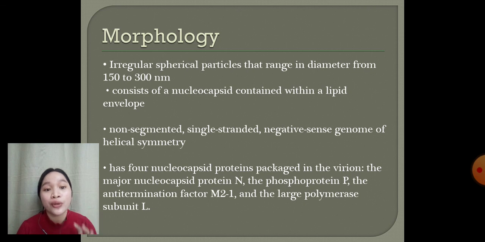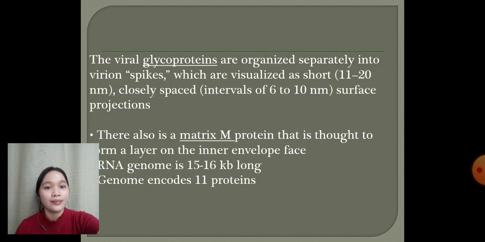The major proteins are the phosphoprotein, the anti-termination factor M2-1, and the large polymerase subunit L. The viral glycoproteins are organized separately in virion spikes, which are visualized as short 11 to 20 nanometer surface projections at closely spaced intervals of 6 to 10 nanometers.